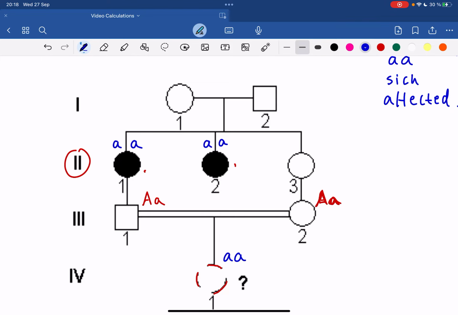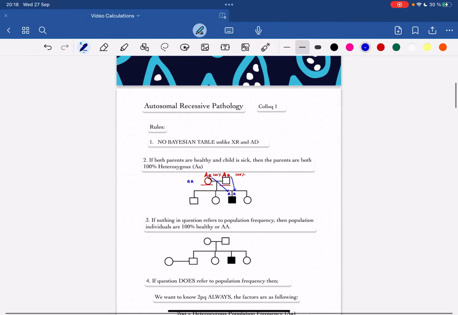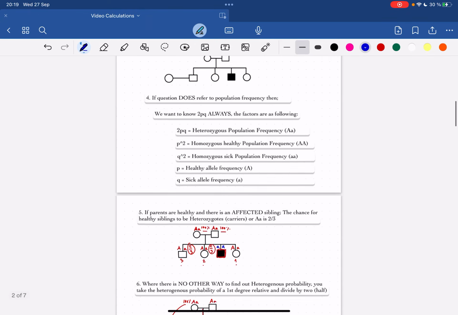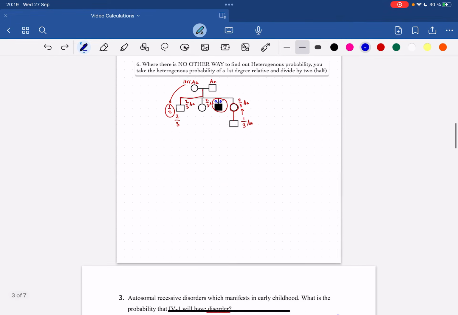What do we know about the parents now? If we go up to look at the rules, if both parents are healthy, which these two are, and a child is sick, then the parents are both 100% heterozygous, okay?